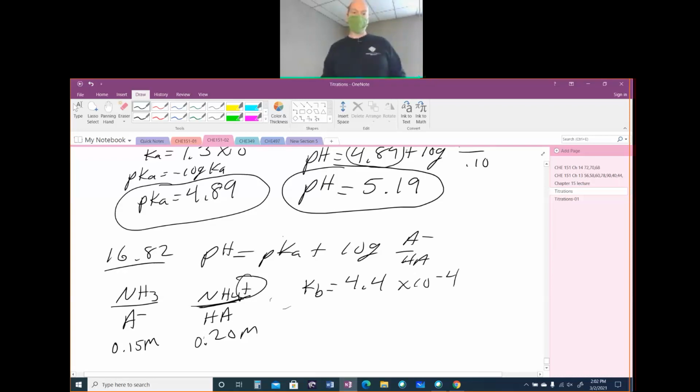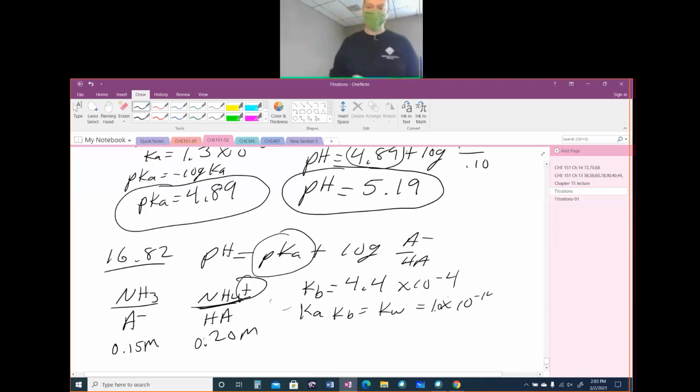But since our pH is equal to pKa plus the log of A minus over HA, we have to remember that Ka times Kb is equal to the Kw, which is 1 times 10 to the minus 14. And so we take our Kw and divide by the Kb.